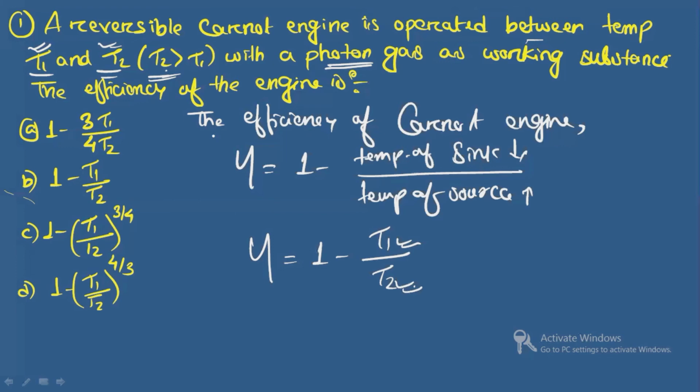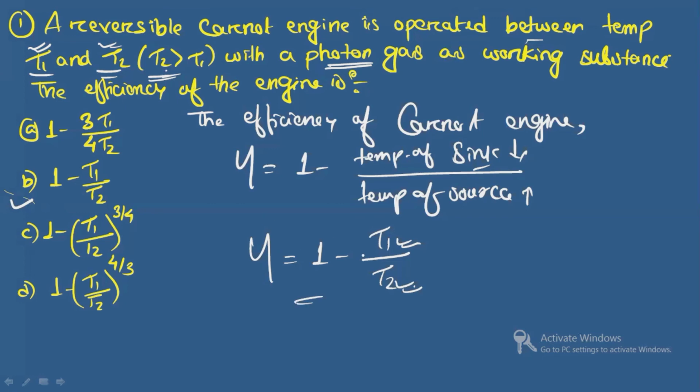Always remember, whenever you are remembering the efficiency of the Carnot engine, remember that in the numerator you are having the temperature of the sink, that is the lower temperature, and in the denominator you are having temperature of the source, because just remembering T1 by T2 it will create mistake. Okay, so your answer will be option B. Now one more thing to note here: is the efficiency depending upon the working substance?